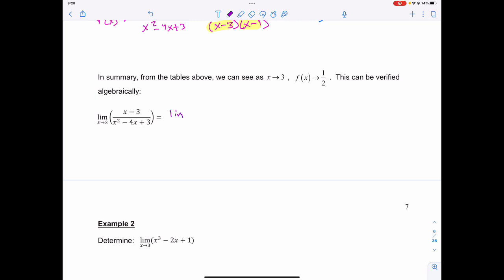The numerator stays x minus 3. The denominator gets factored, x minus 3 and x minus 1.